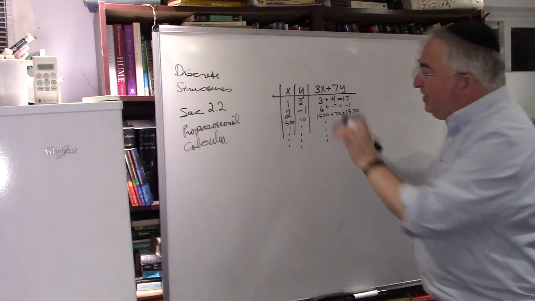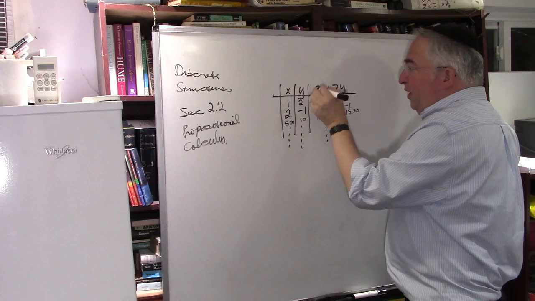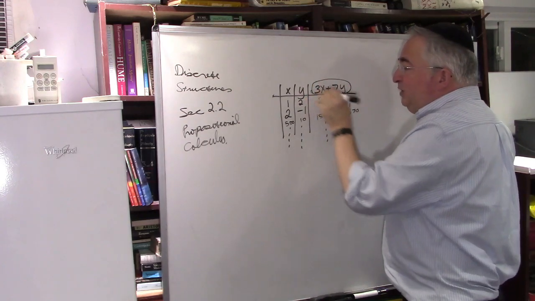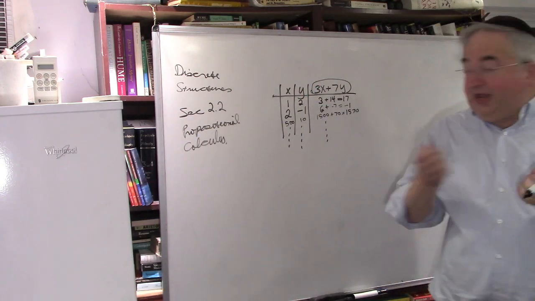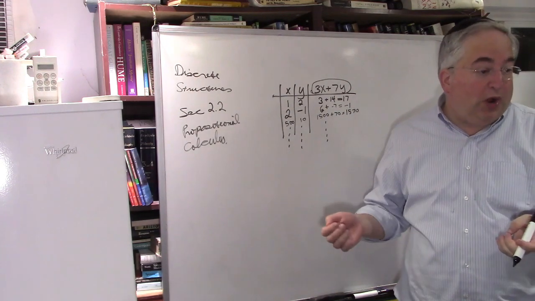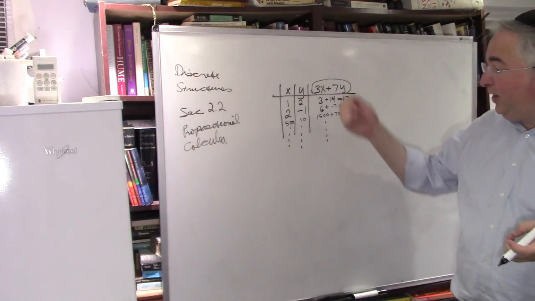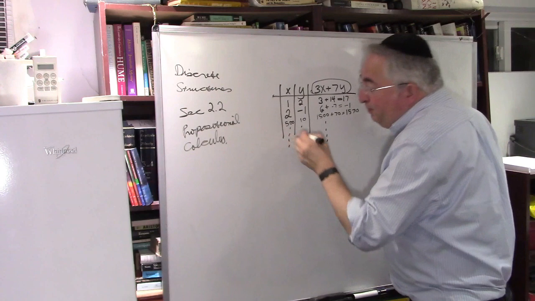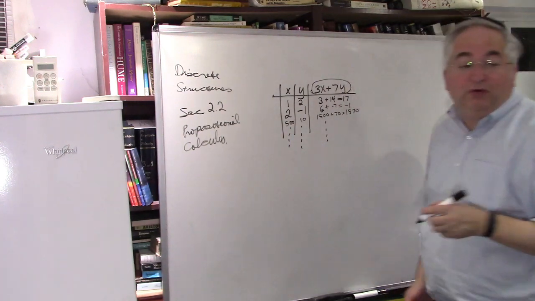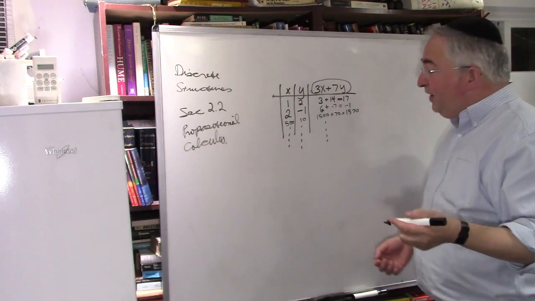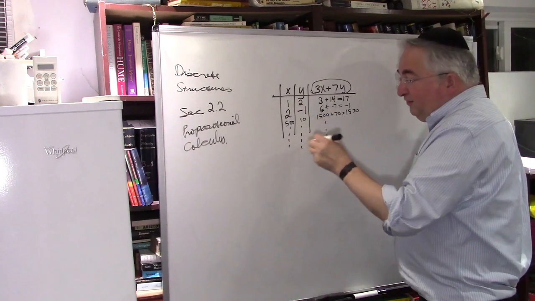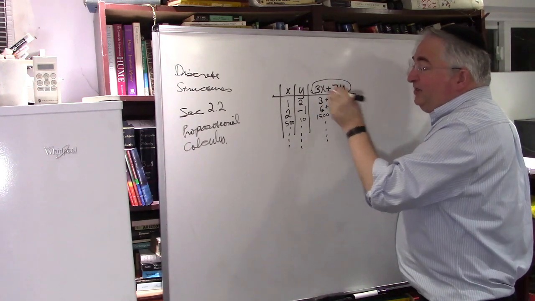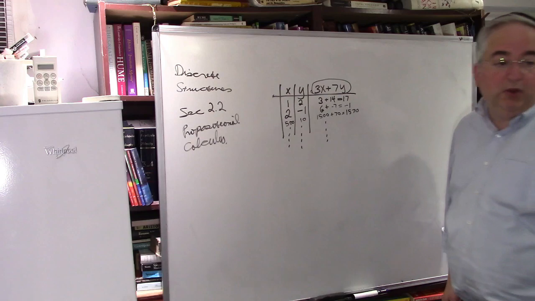You're plugging numbers in. You want to figure out what this is equal to. Well, it depends on what x is and what y is. Every time you put in a different value for x and y, you're going to get out a different value for 3x plus 7y.